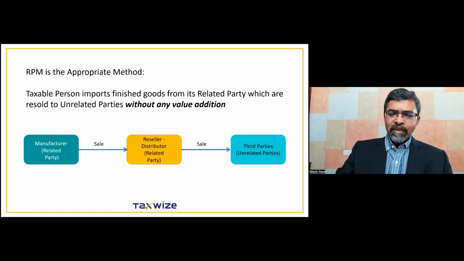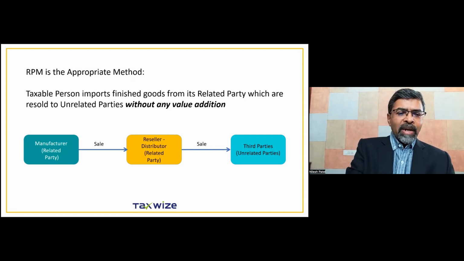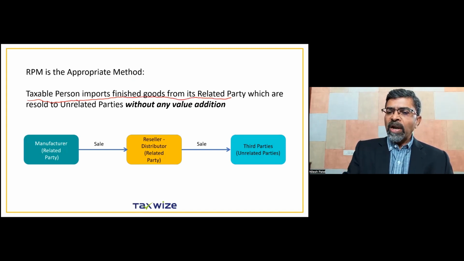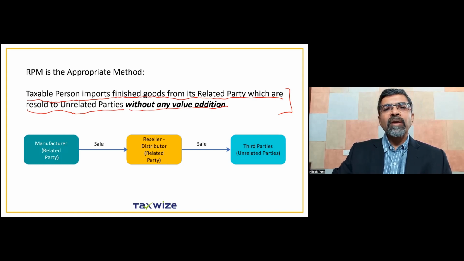This method is appropriate where the taxable person or the tested party imports finished goods from its related party, which are then further resold to unrelated parties or third-party customers without any value addition. In such a case, RPM, resale price method, would be an appropriate method.